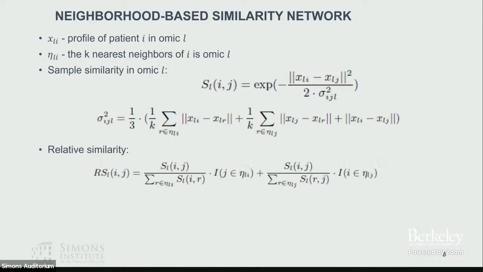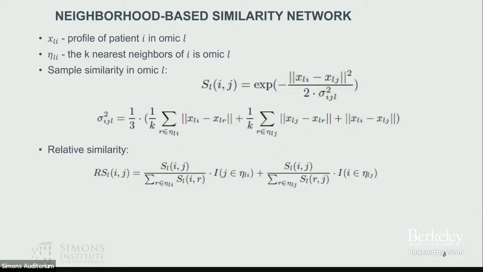And the relative similarity between two samples is this function, but it is normalized by the total similarity to the neighbors for j and for i.